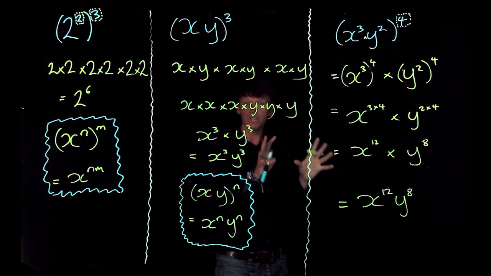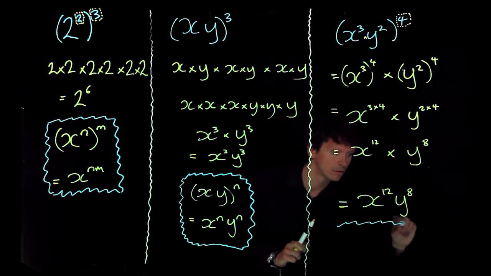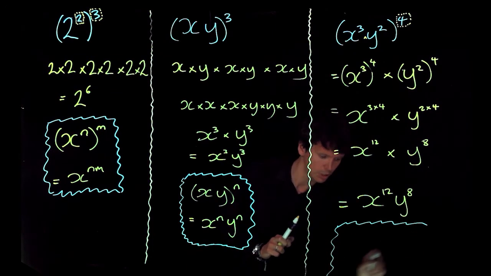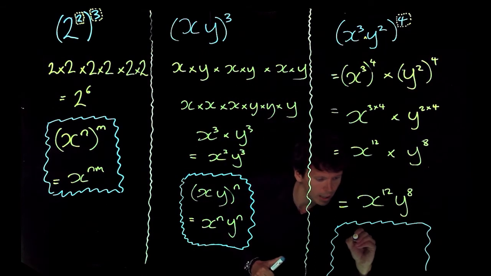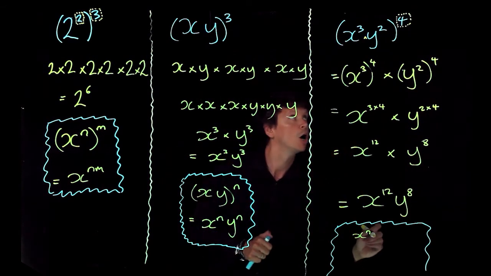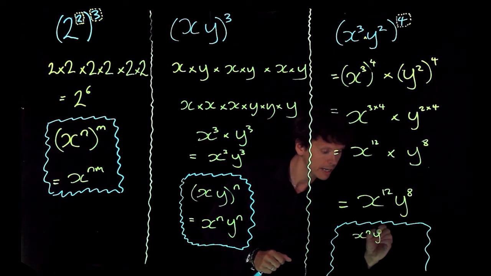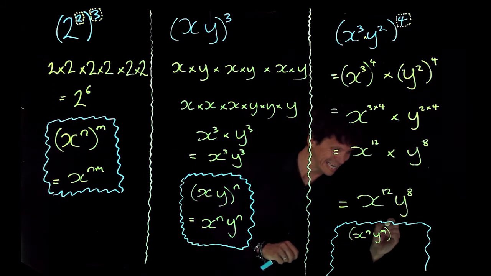So what if we put this into a general algebraic approach, just like we've done, and said, how about x to the power of n times y to the m, all raised to the power of p.